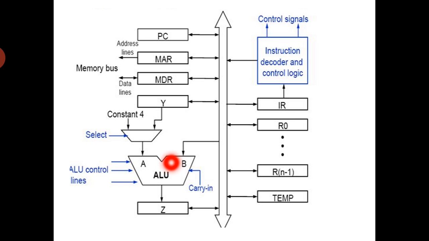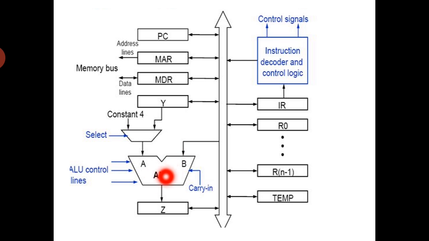It just performs the arithmetic and logical operations on two operands. It has only two operands, A and B, and it performs an operation on these operands according to the instruction.